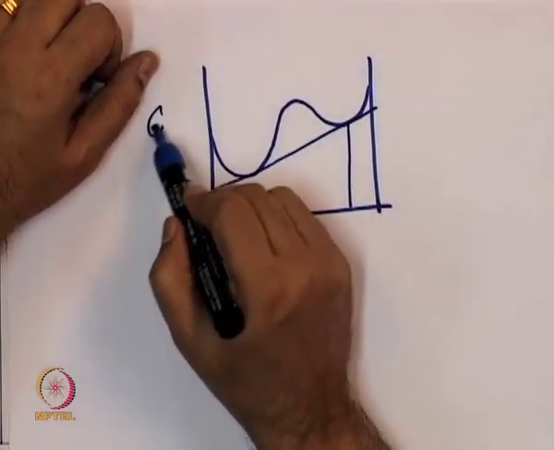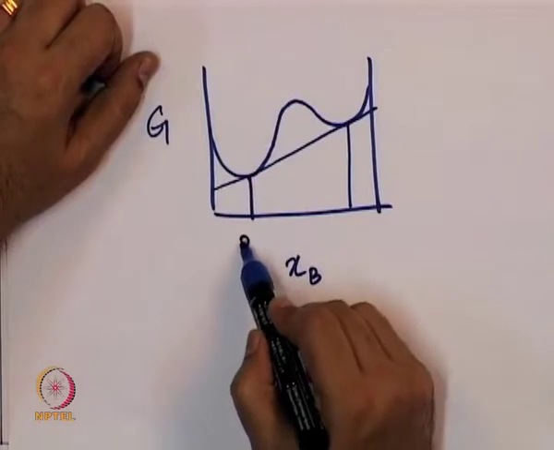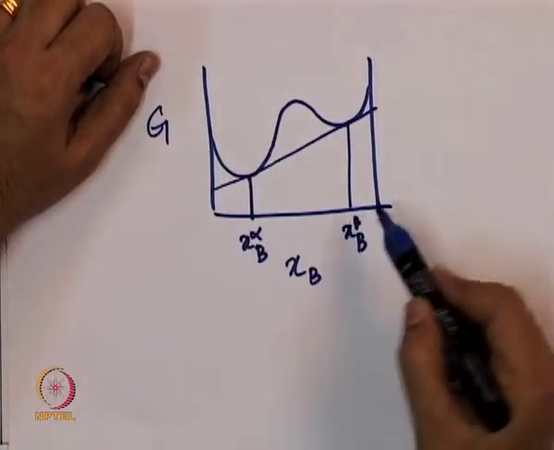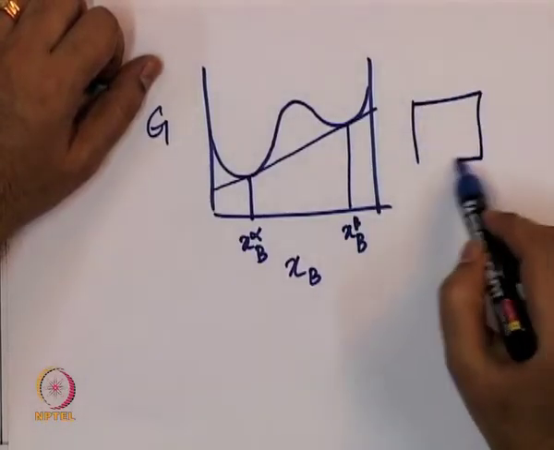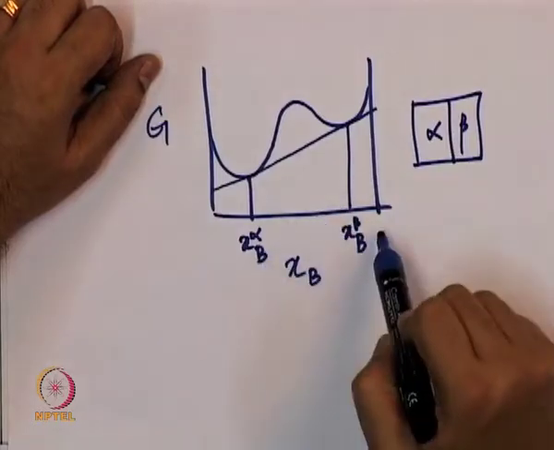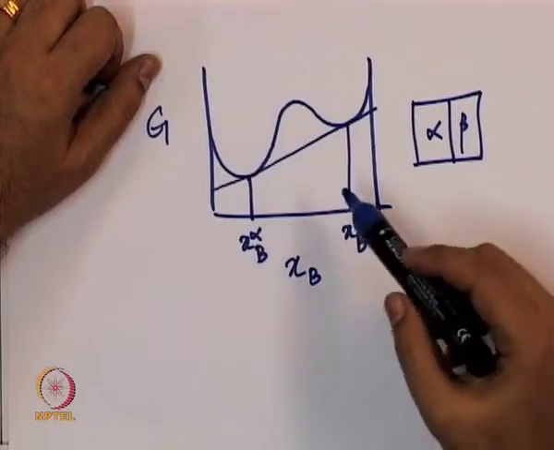So, this is free energy, this is composition, and this is for example x_B^alpha, this is for example x_B^beta. So, if you have some alpha and beta phase, the equilibrium compositions of the alpha and beta phase are given by this, if this is the free energy versus composition diagram.